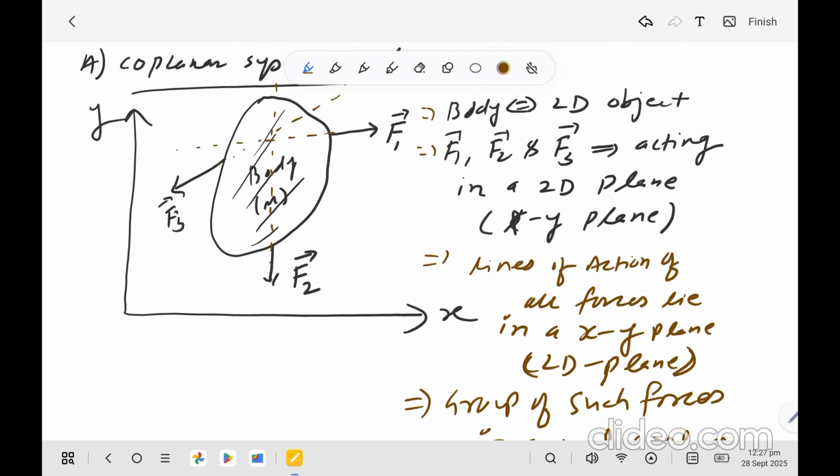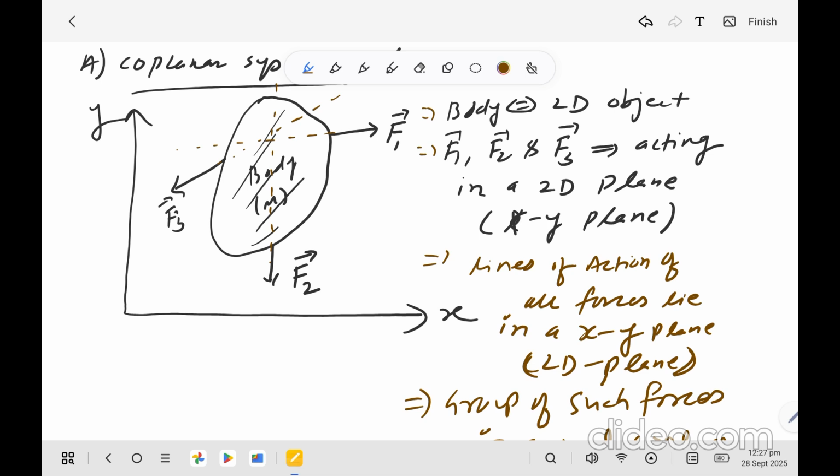Okay, so if we have an object or body, and the motion of the body is restricted to two dimensions, or the motion of the body is in a given 2D plane, then the forces which are responsible for the motion of this object in a given plane fall in the coplanar system of forces.